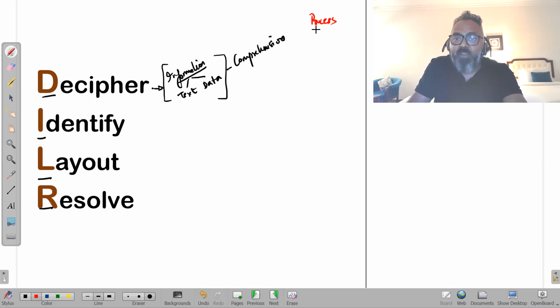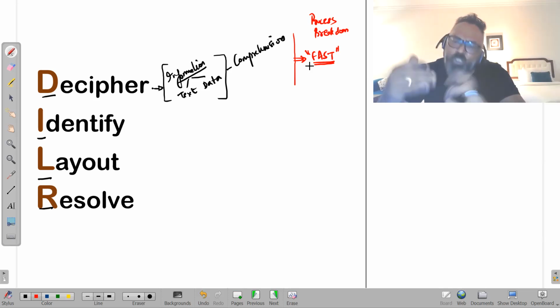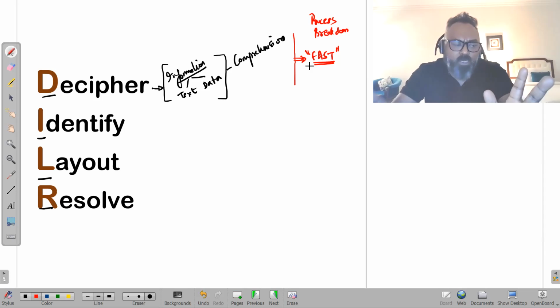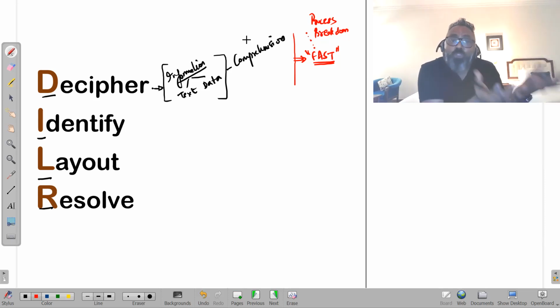And why is the process breakdown happening? Let me write it in red. The process breakdown happens because we are obsessed with doing things fast. We are obsessed with speed. And when we're obsessed with speed, we implement the speed in the most crucial step, which is understanding. You have to read at the pace of your comprehension.